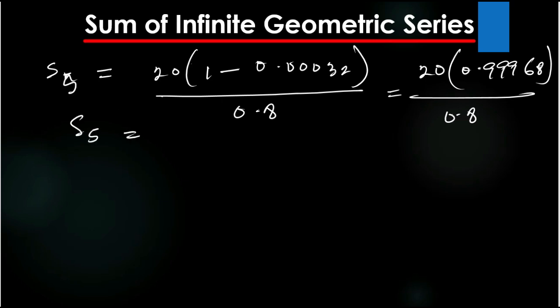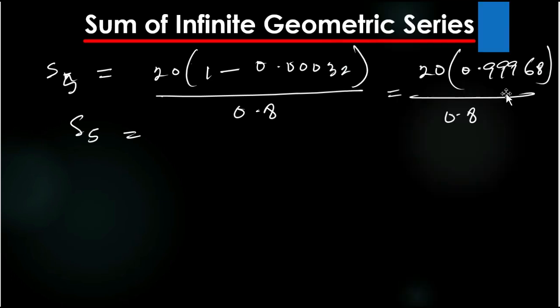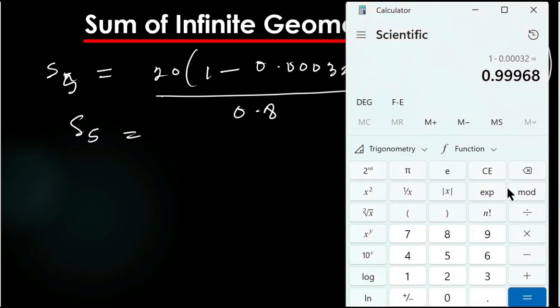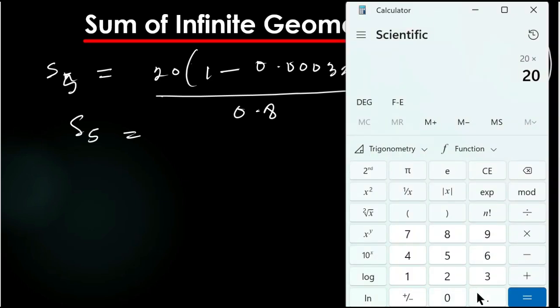S5 will now be the same thing as 20 times, let's use our calculator, 20 times 0.99968.